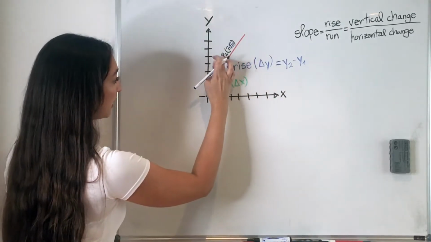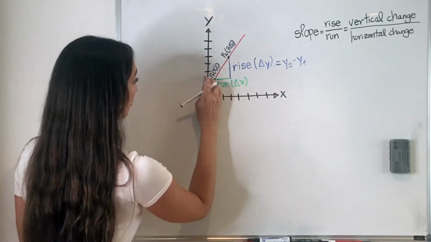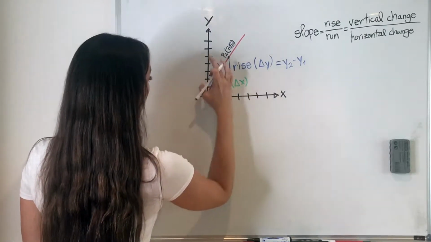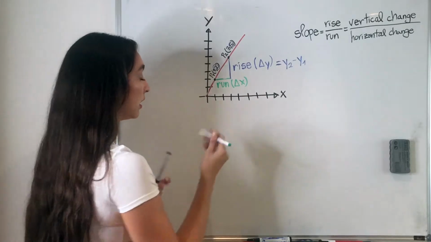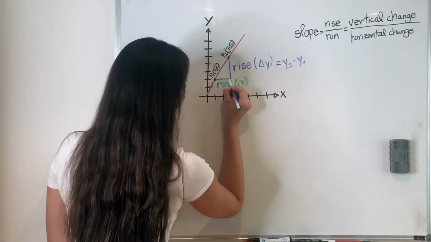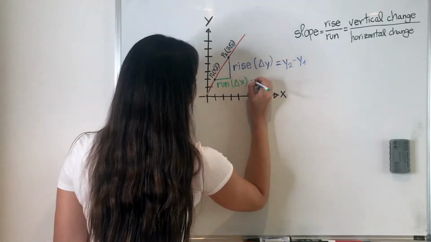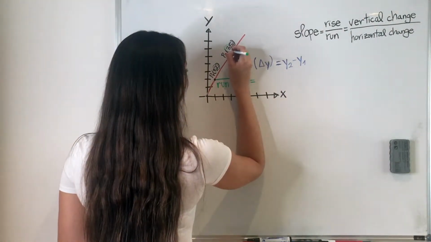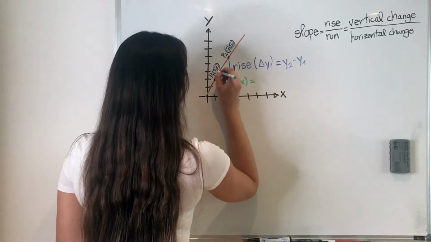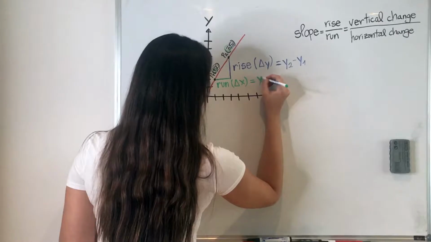And we can visually see it here as well. Y coordinate for P2 is 5 and for P1 is 2. And we see that this distance is the distance between the 2 points, the 2 coordinates. The same goes for the run. It is going to be x coordinate of point 2 minus x coordinate of point 1.